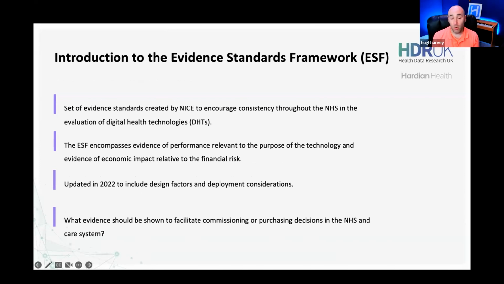And the framework is quite comprehensive in that it covers not only the clinical performance relevant to your intended use, but also the evidence of economic impact and financial risk. And it was updated mid last year to include other things like design factors and deployment considerations, the ethics, and indeed the carbon neutrality of devices.